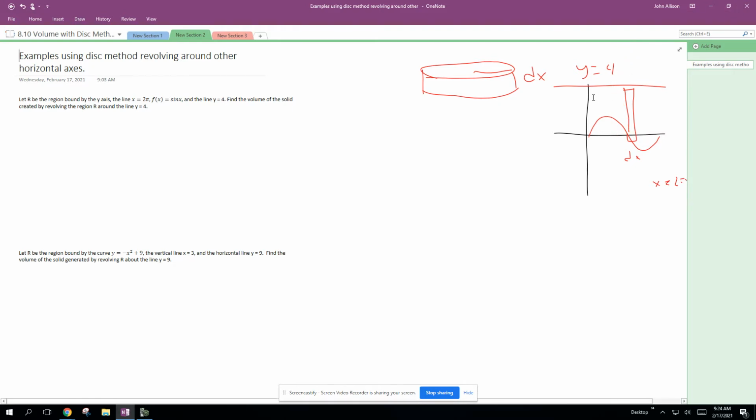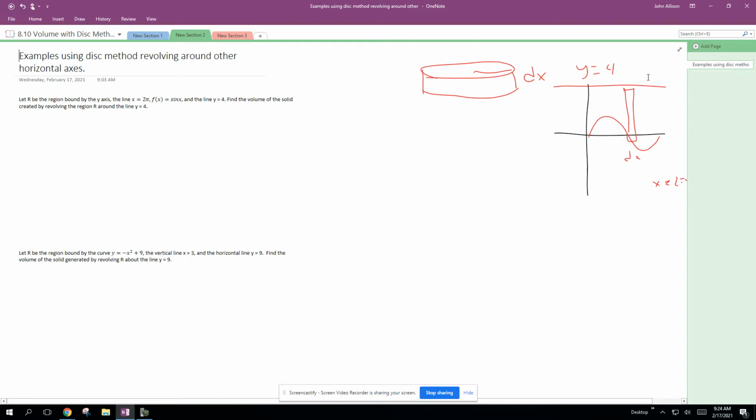And so what we see is that the height of that rectangle is going to be 4 minus sine x. Even when the value of sine x is negative, 4 minus the negative value is going to give us 4 plus however long that is.